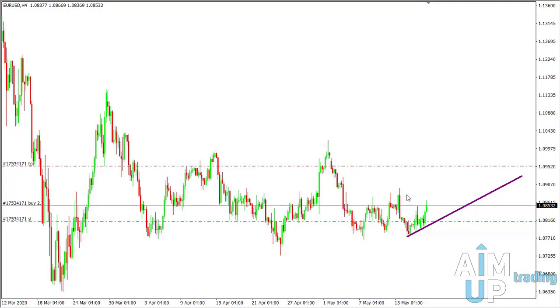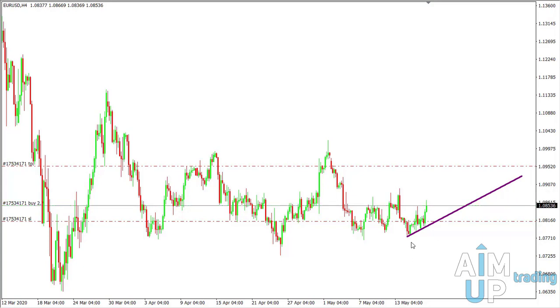Of course, take profit close to the previous high. This is not the last high, but it's the more respected high. And our stop loss a few pips below the previous candle.